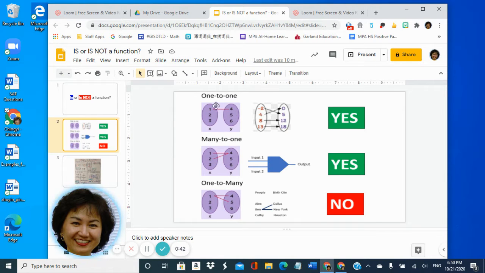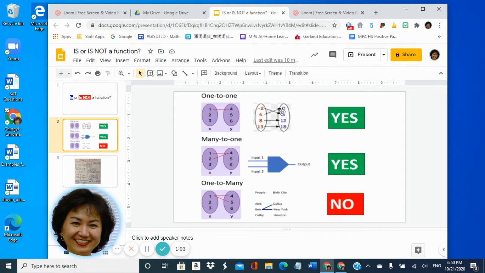The first one is one-to-one relation. If the given relation is one-to-one, that means if you send in one x, you will get one y out. Different x's sent in, then different y's will come out.